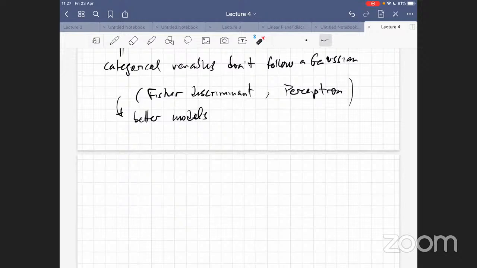What I would prefer is to talk about one of the most popular models of this first family, the discriminative function, which is decision trees. And we are going to base our hands-on session of Monday on this.